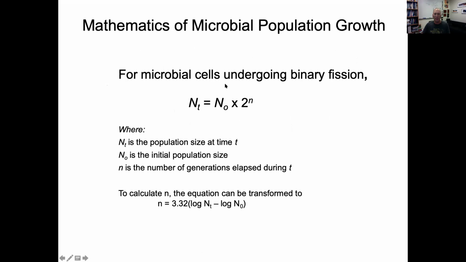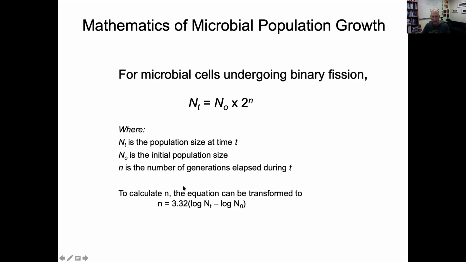For microbial cells undergoing binary fission, where one cell is dividing into two cells, we can calculate a population at a subsequent time point if we know the starting cell density and then the number of generations that have elapsed since then. Okay, so N = N0, our starting cell density, times 2^n, where n is the number of generations.